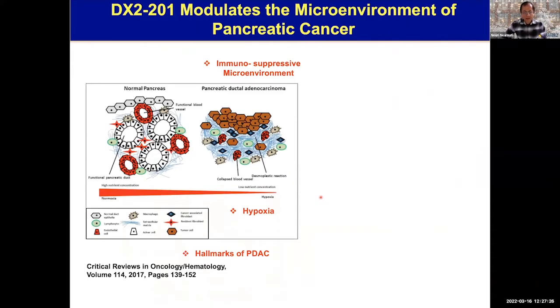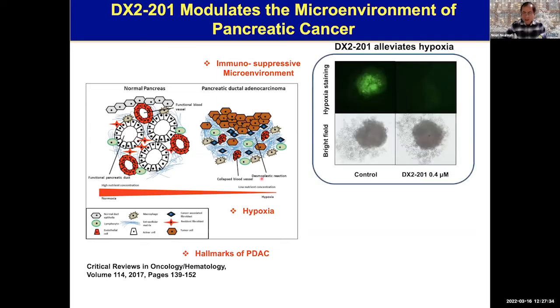As I mentioned earlier, the tumor microenvironment of pancreatic cancer is really hypoxic. So we developed a 3D spheroid assay, and when we use the hypoxia probe, you can see in the 3D spheroid that the cells are quite hypoxic.